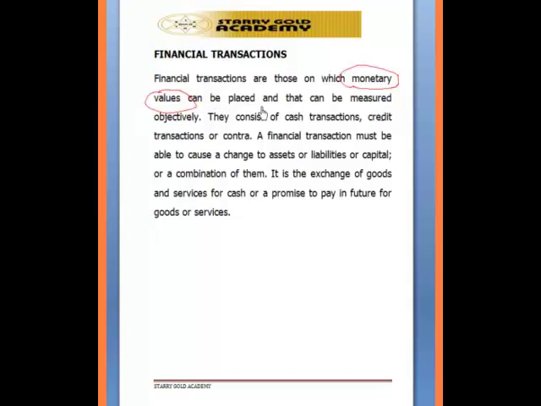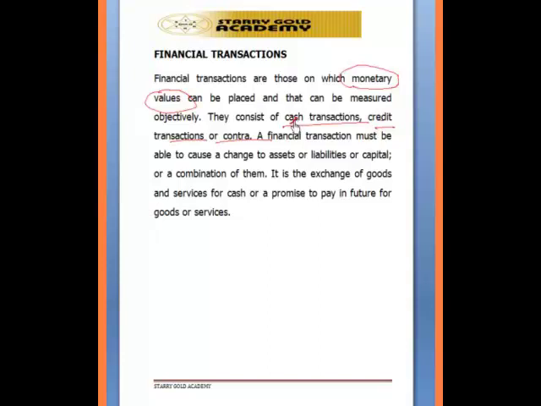They consist of cash transactions, credit transactions, or contra entries. Cash transactions are transactions in which payment is made in the process of the transaction, or at the beginning, or at the exact point that the transaction took place.